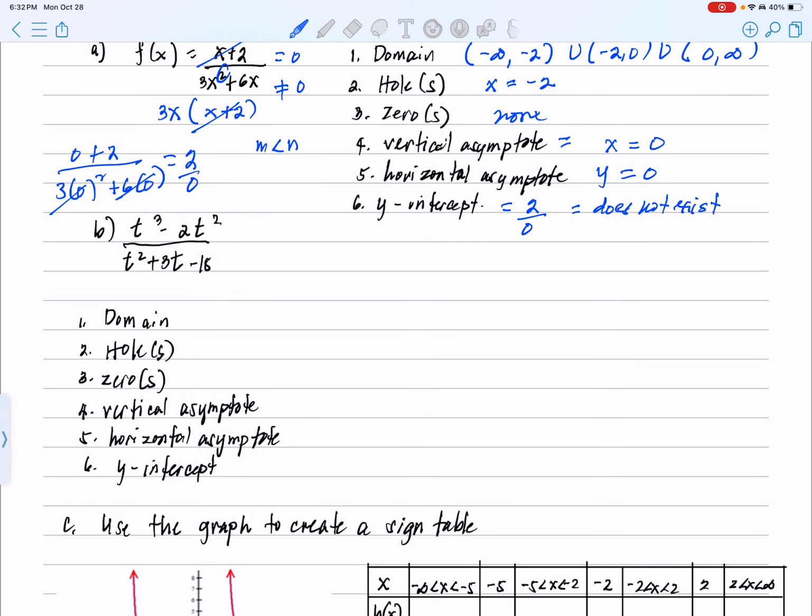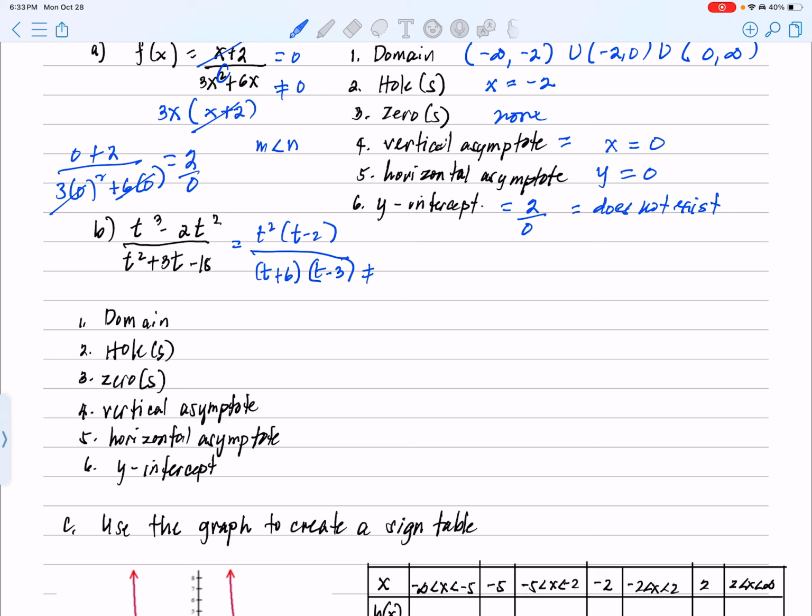Okay. Next: t cubed minus 2t squared over t squared plus 3t minus 18. We need to factor the numerator: t squared times (t minus 2). Then factor the denominator: factors of 18 whose sum is positive 3 are 6 and 3.